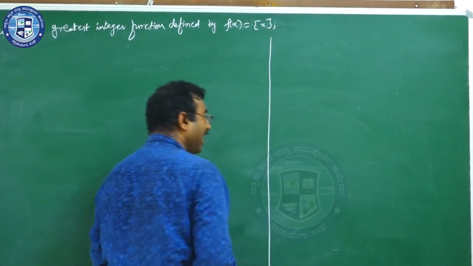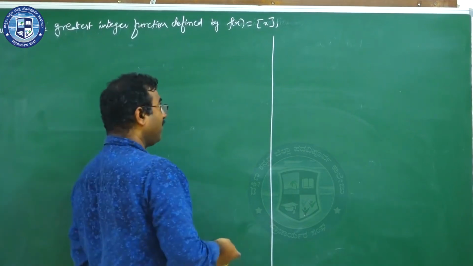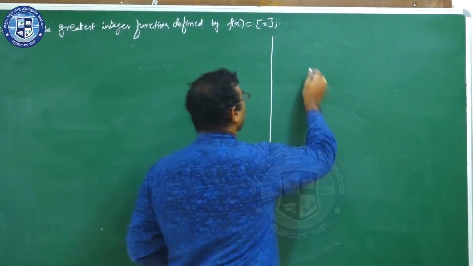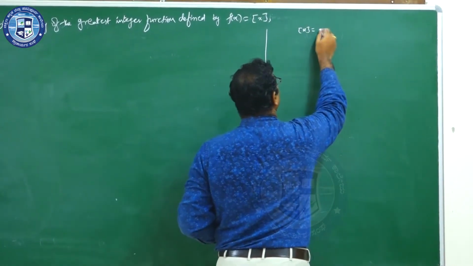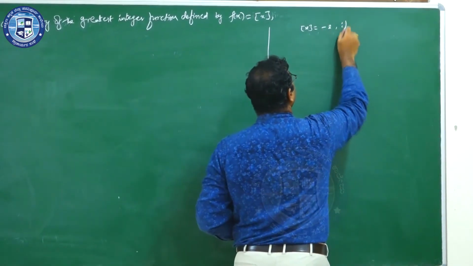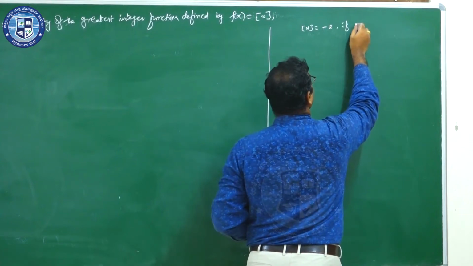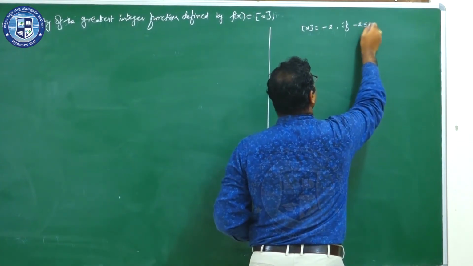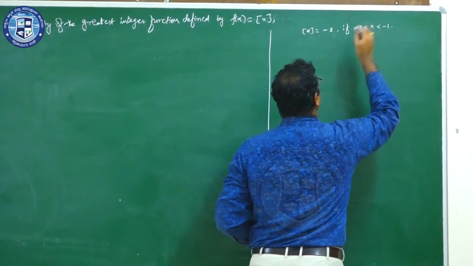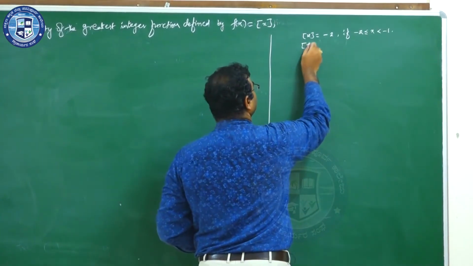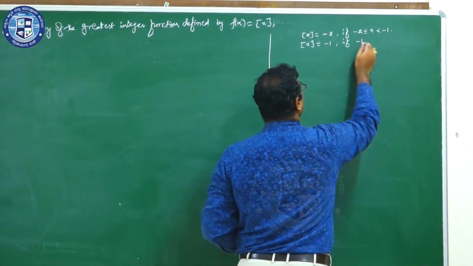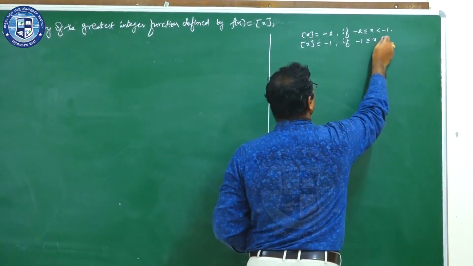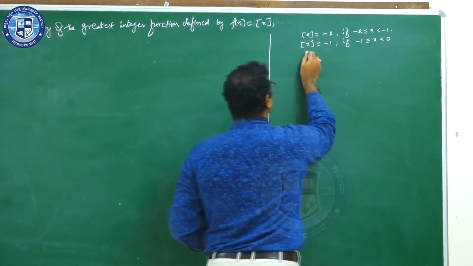We see the graph of box x. Box x is equal to minus 2 if x takes values from minus 2 to minus 1. Just recall once: box x is equal to minus 1 if minus 1 is less than or equal to x less than 0.